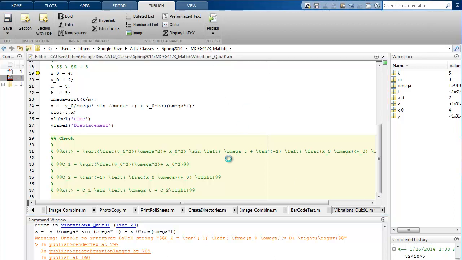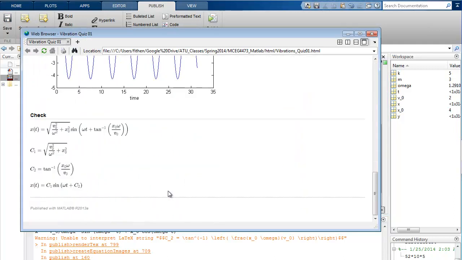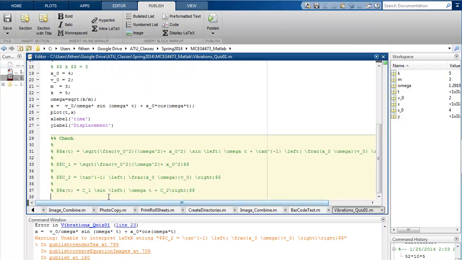Publish it. This is what you're looking at. So you've jotted down these equations, and now I have these two, C1 and C2, that I can start working on. All right, that's fine.